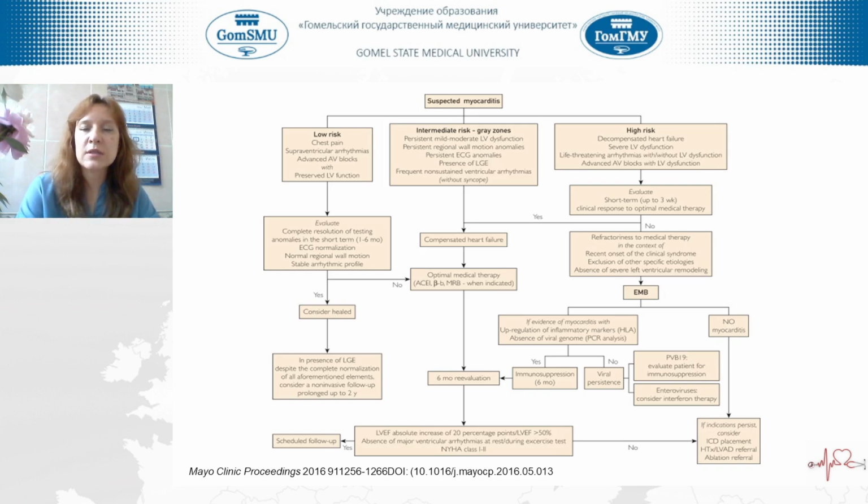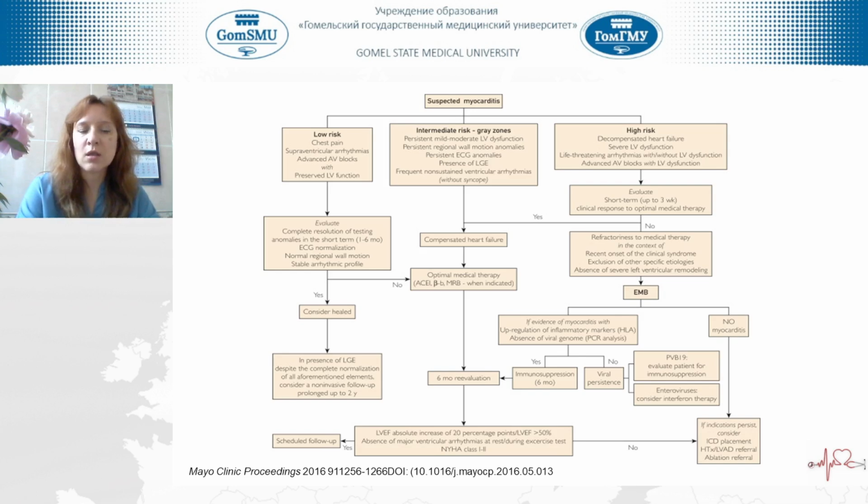We can divide patients into three groups: low risk, the so-called gray zone or intermediate risk, and high risk. If it's a patient with low risk, we can see in the clinic chest pain, supraventricular arrhythmias, AV blocks with preserved left ventricular function. And then we can examine our patient.